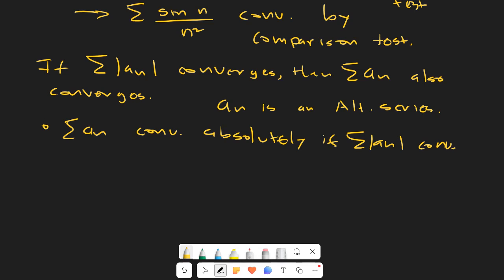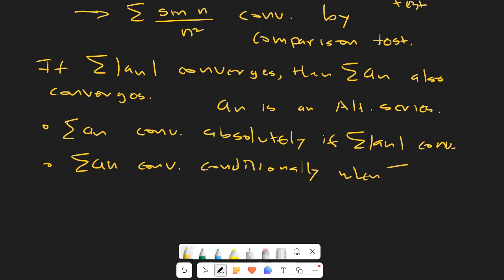Now, the other statement that we could make is that the series of a_n converges conditionally if, okay, this is where it gets a little weird. We'll just say not if, but when.